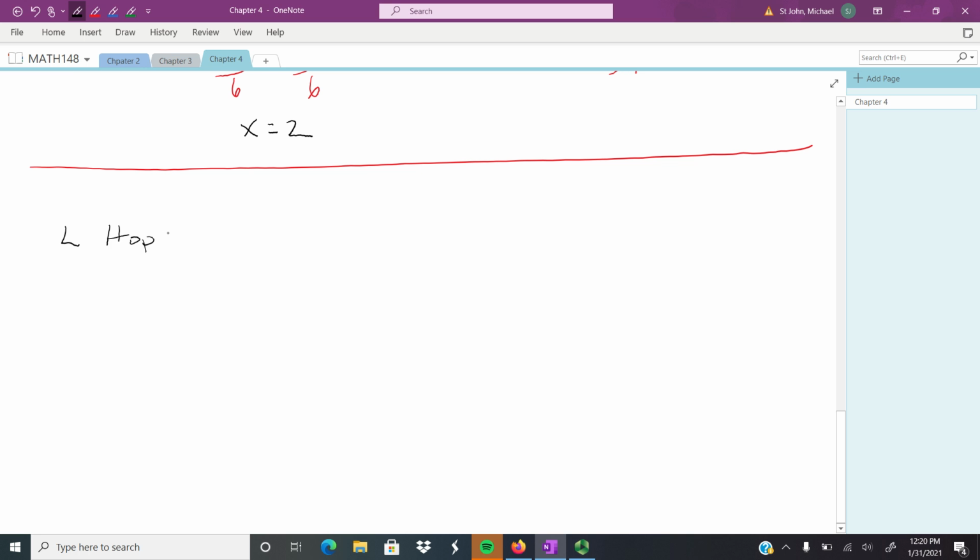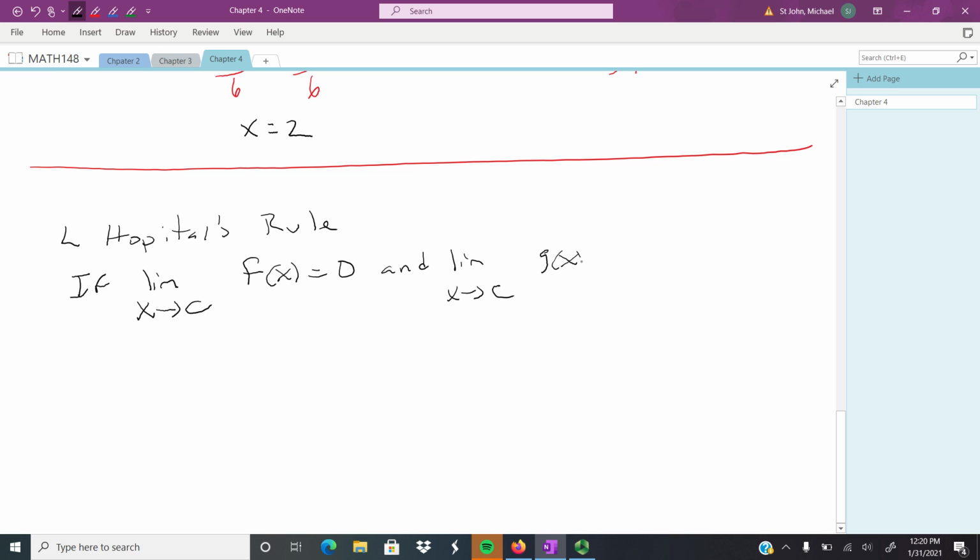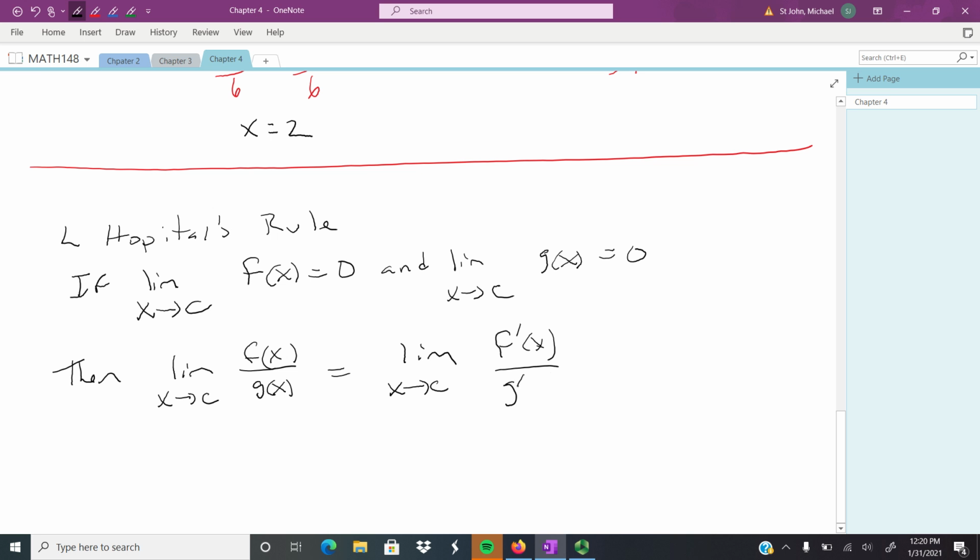And L'Hopital's rule, which says if the limit as x goes to c of f of x is equal to 0, and the limit as x goes to c of g of x is equal to 0, then the limit as x goes to c of f of x over g of x is going to equal the limit as x goes to c of the derivative of f of x over the derivative of g of x.